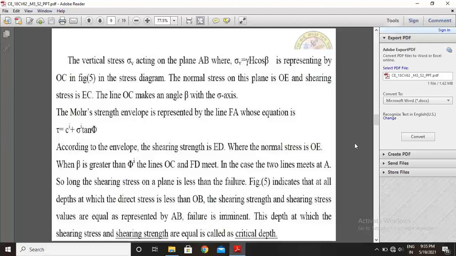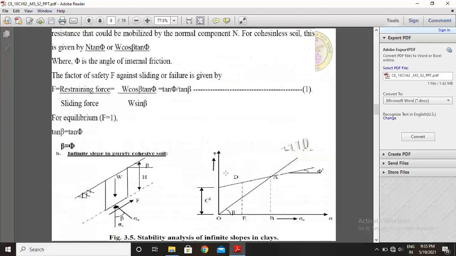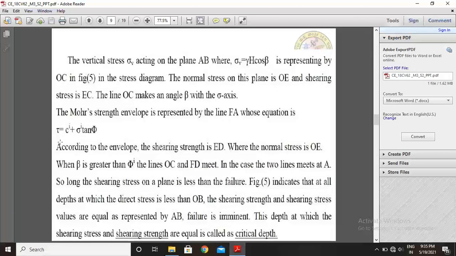The strength envelope is represented by the line FA, whose equation is tau equal to C plus sigma tan phi. So this line is represented as tau equal to C plus sigma tan phi. According to the envelope, the shearing strength is ED, where the normal stress is OE.